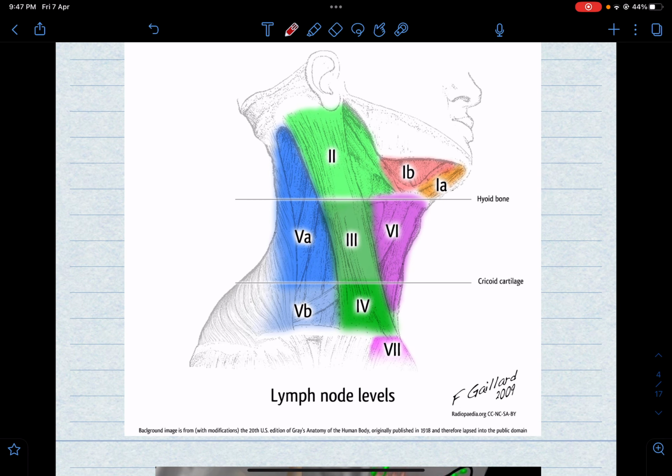So to recap, this is level 1A, 1B. This is the 2, 3, and 4, 5A, and 5B.